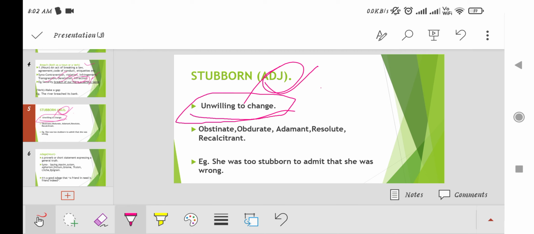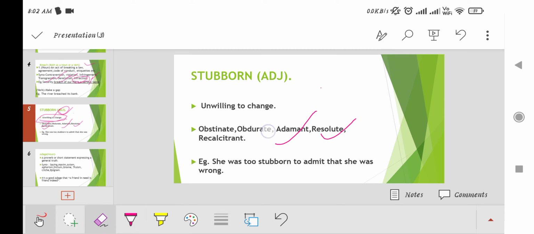That person will be called ashtavarn. Words which can be used instead of ashtavarn are resolute, adamant, recalcitrant, obdurate, and obstinate.